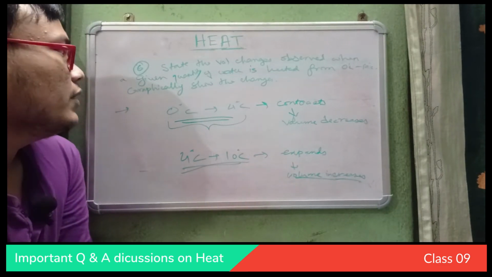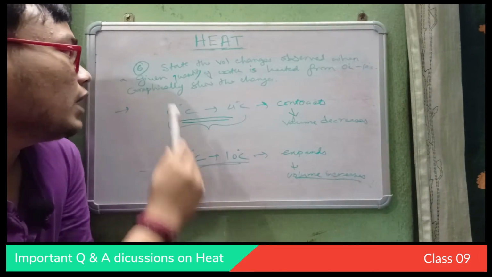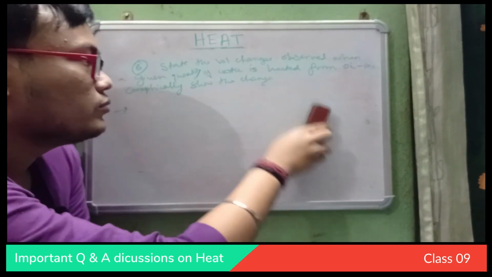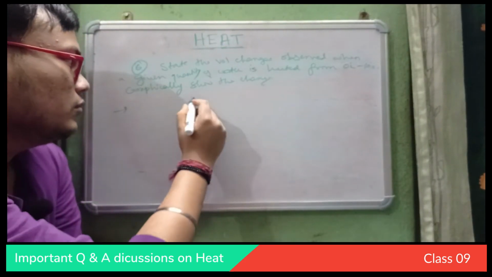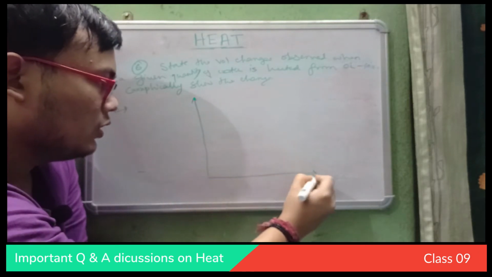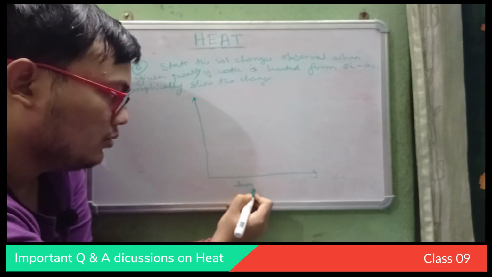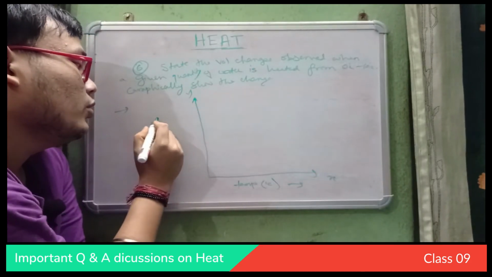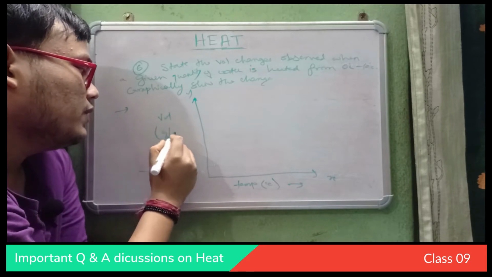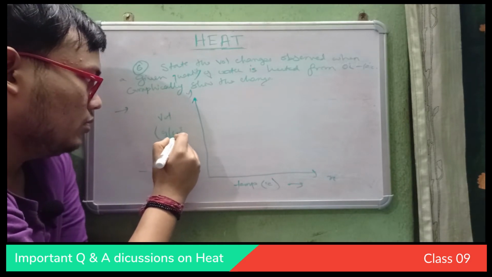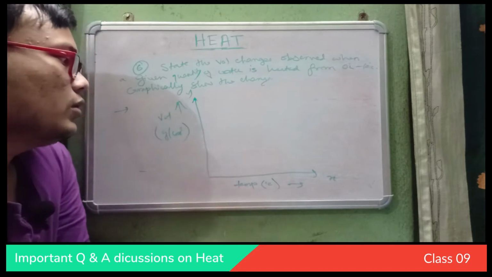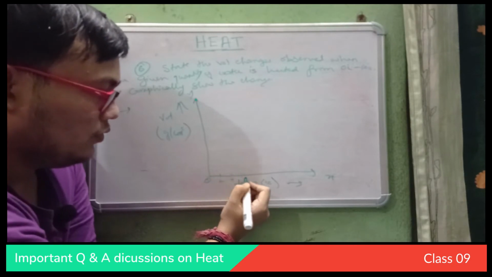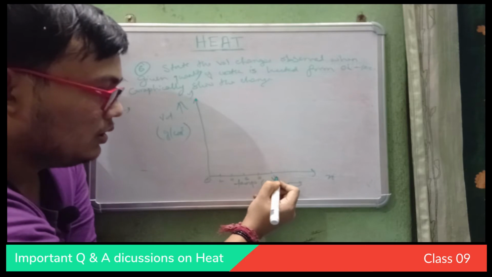Now we have to graphically show the changes. If we plot the changes in a graph, in the x-axis we'll keep temperature expressed in degrees Celsius, and on the y-axis we'll keep volume expressed in gram per centimeter cube, marking 4, 6, 8 and 10.